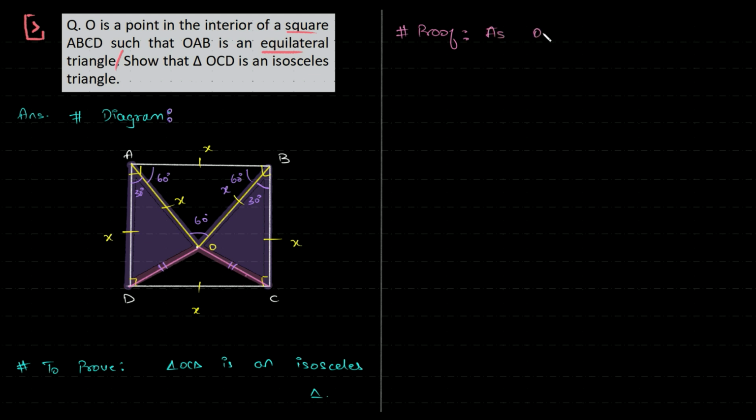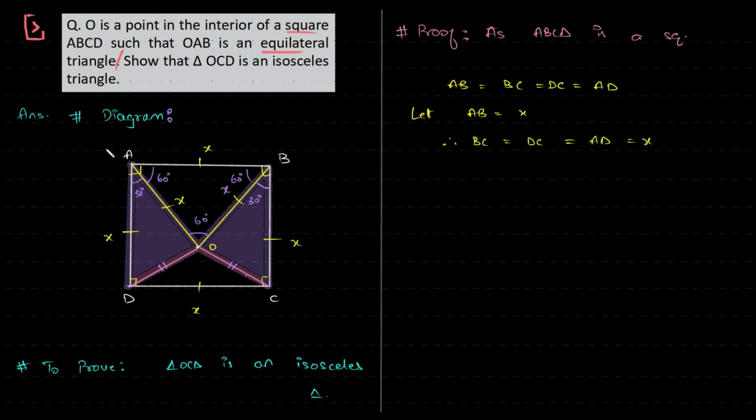Now, ABCD is a square. We have AB is equal to BC is equal to DC is equal to AD, which in turn is equal to X. We are calling that, actually, let AB be equal to X, and we have all of them to be equal to X. Therefore, BC is equal to DC is equal to AD is equal to X as well.